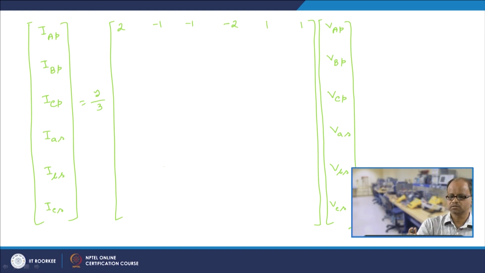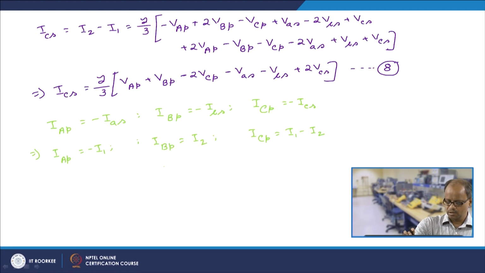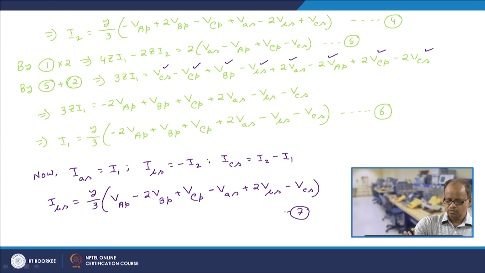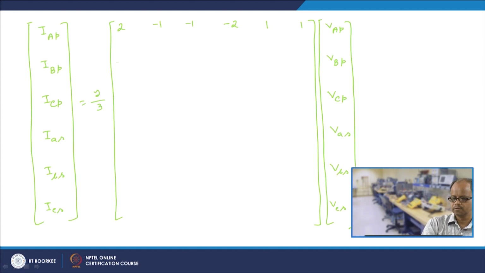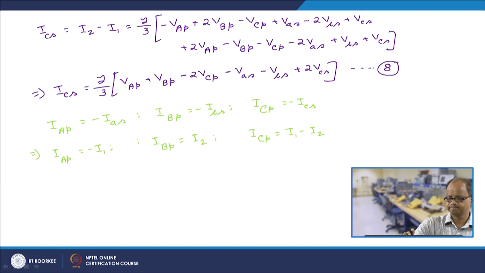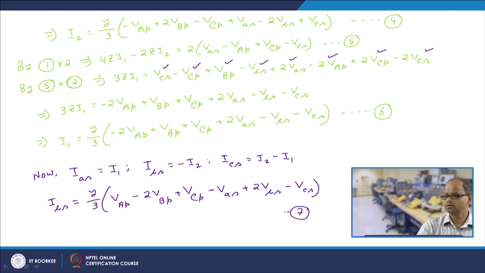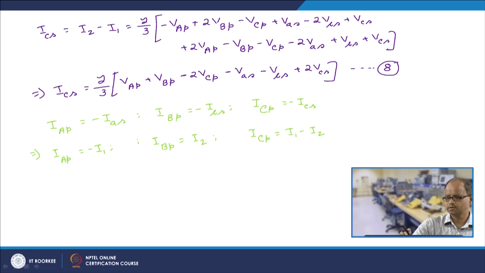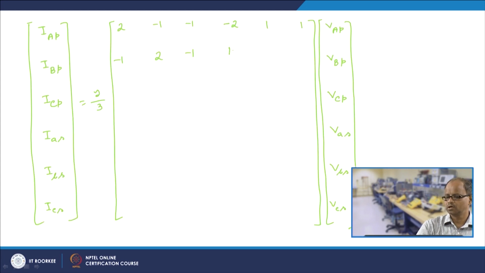So this is IAP. IBP is equal to I2, means minus 1 2 minus 1, and then 1 minus 2 plus 1.